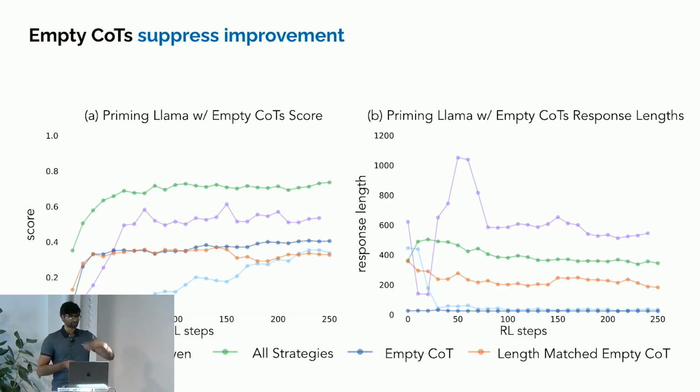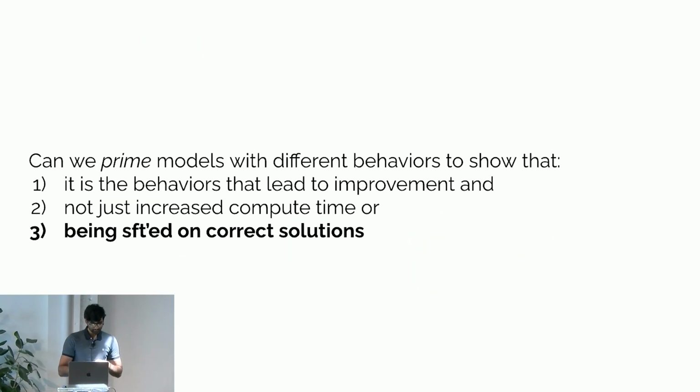So the number of passes through the language model is the same, but there is no meaningful information about arithmetic or the game of Countdown in the chain of thought. And you can see that almost all the lines stay around the light blue line, which represents the LLaMA model's performance. So we can argue that it's not just the passes through the language model that matter, it's what you put in the chain of thought itself.